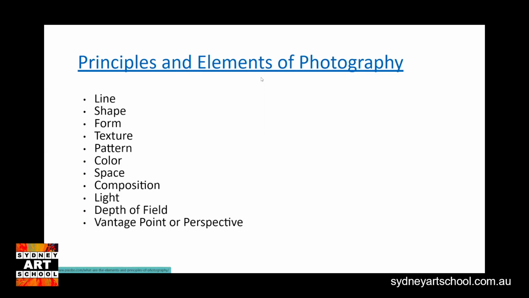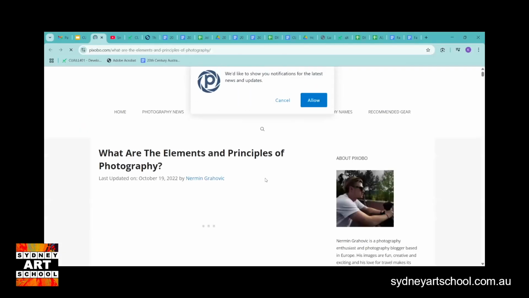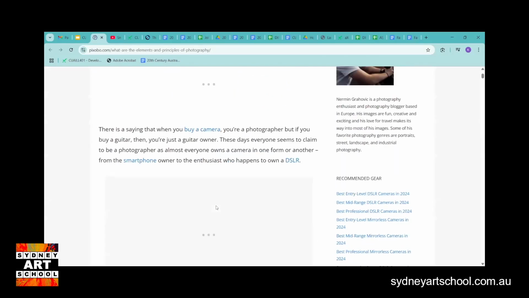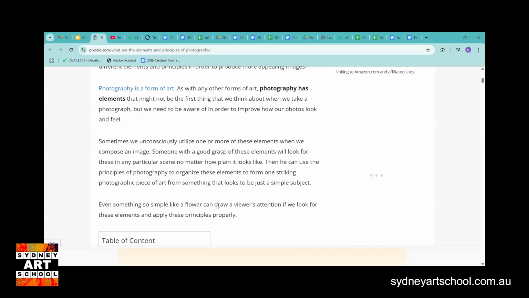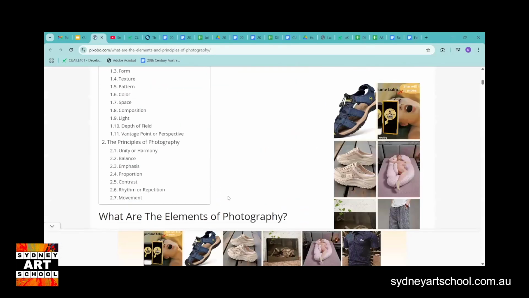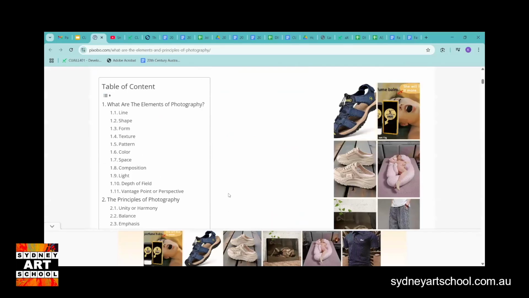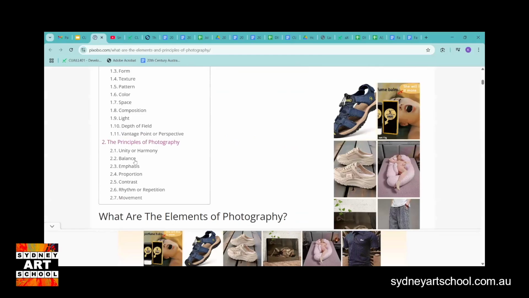So we've got a link here, which takes us to the elements and principles of design of photography. And if we have a look, so those are the elements. And if we have a look at the principles of photography: unity, balance, emphasis, proportion, contrast, rhythm or repetition, and movement.